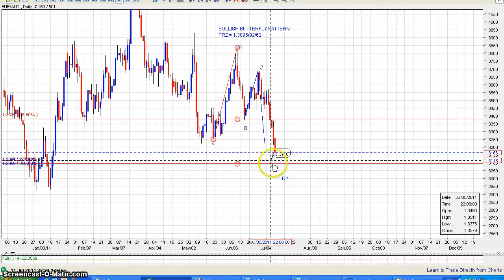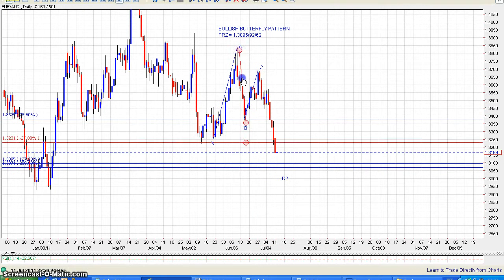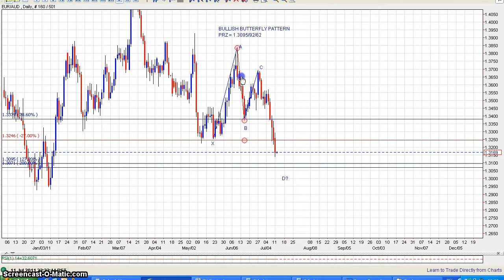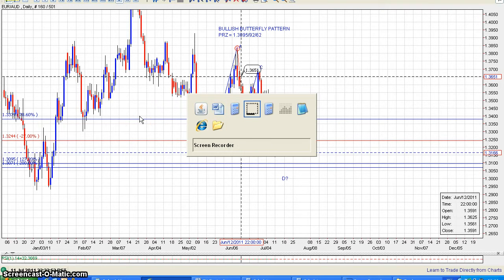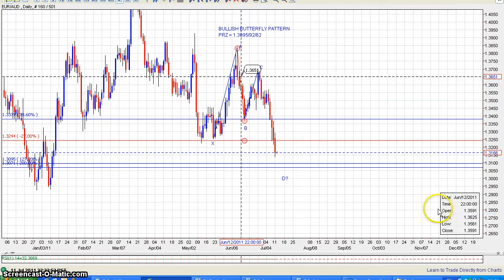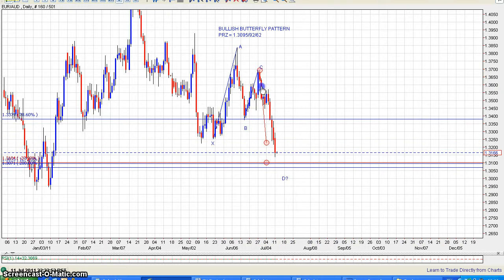You've got the second price level, which is literally 127% of the AB leg projected from the C point.